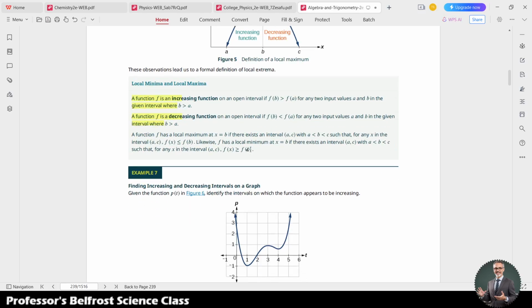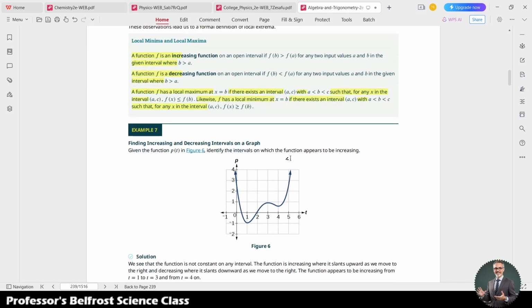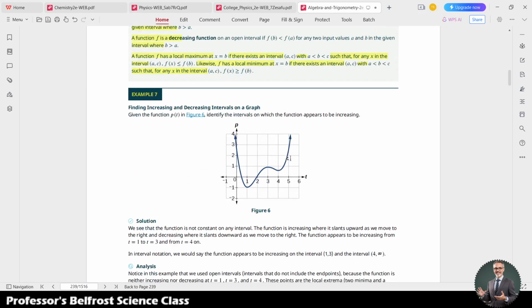A function f has a local maximum at x equals b if there exists an interval (a, c) with a less than b less than c, such that for any x in the interval (a, c), f(x) is less than or equal to f(b). Likewise, f has a local minimum at x equals b if there exists an interval (a, c) with a less than b less than c, such that for any x in the interval (a, c), f(x) is greater than or equal to f(b). This is an important note that you need to always keep in mind.